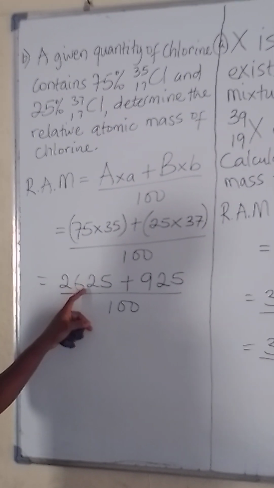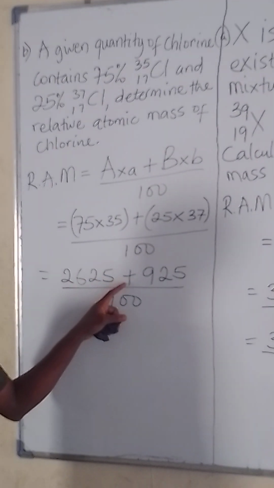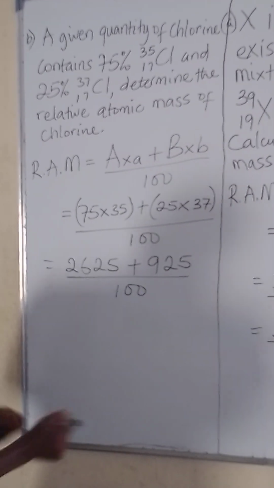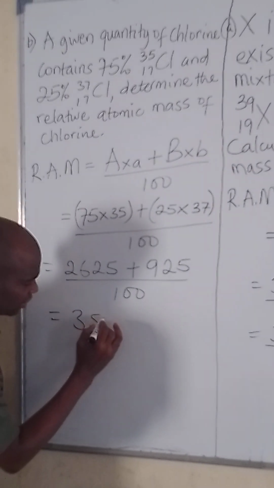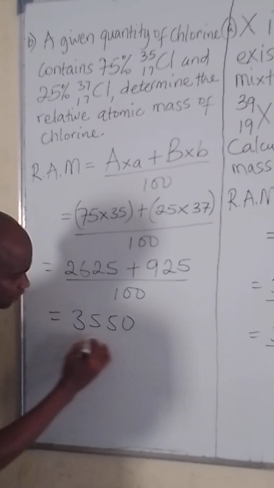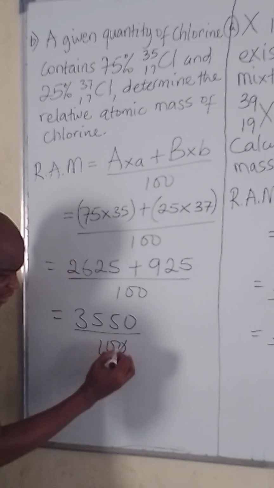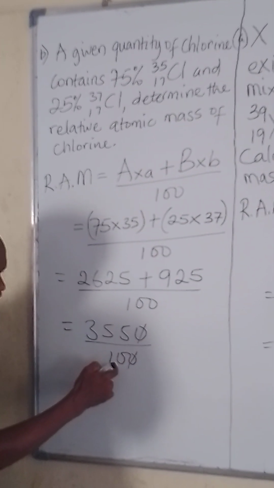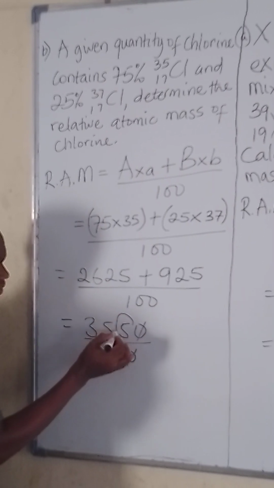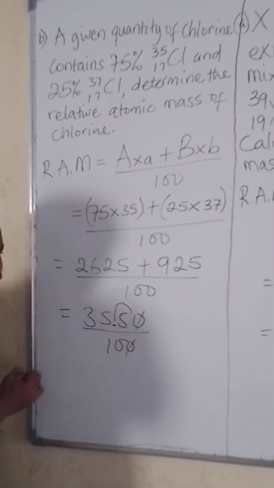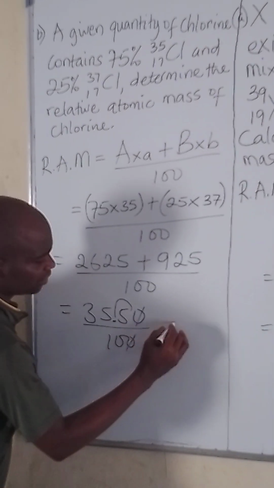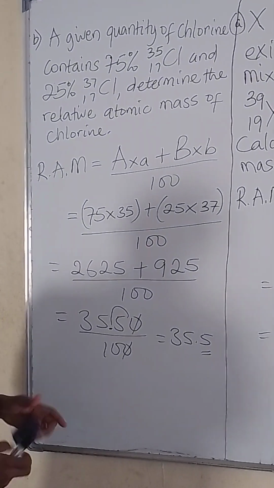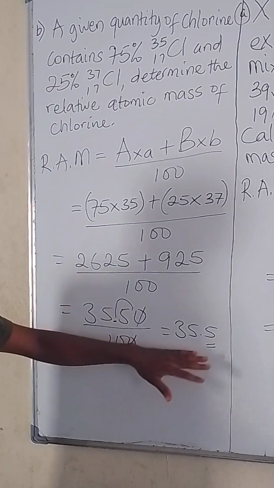And when we add 2,625 to 925, that will give us 3,550. Divide by 100. Once again, the zero down cancels the zero up. We are left with 1 0 down. We move one decimal point to the left, and that will give us 35.5. Therefore, the relative atomic mass of chlorine is 35.5.